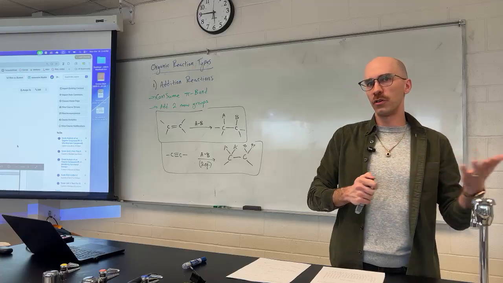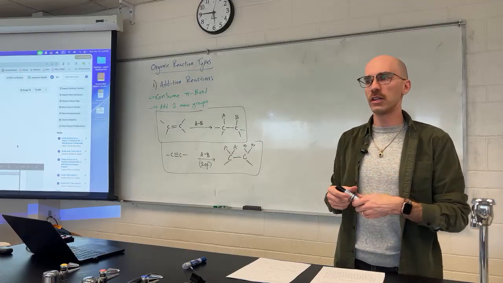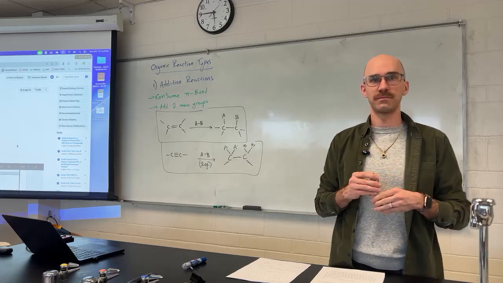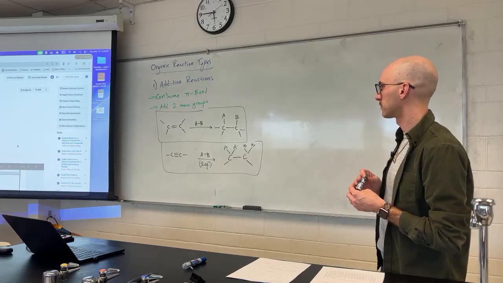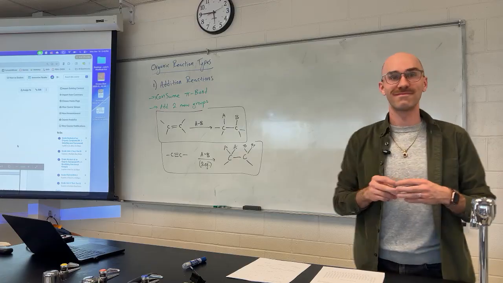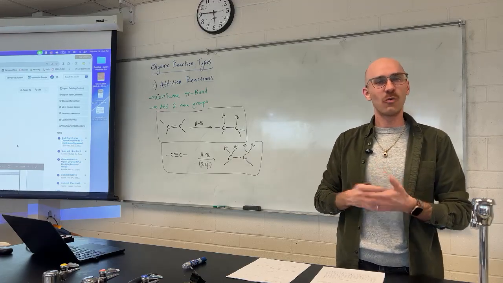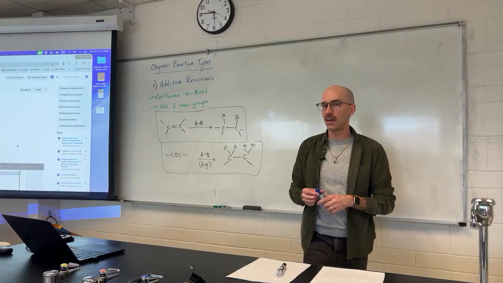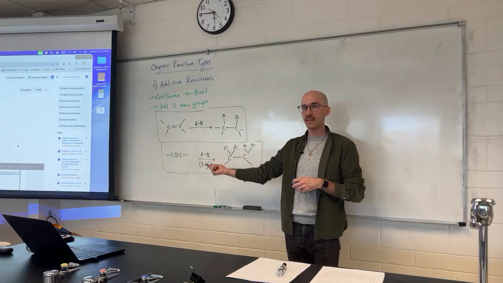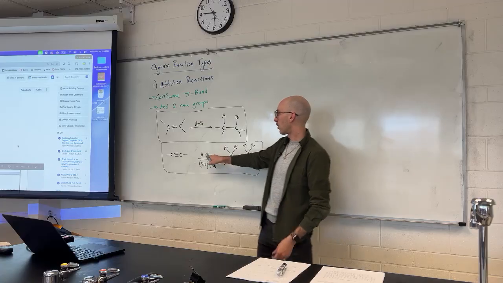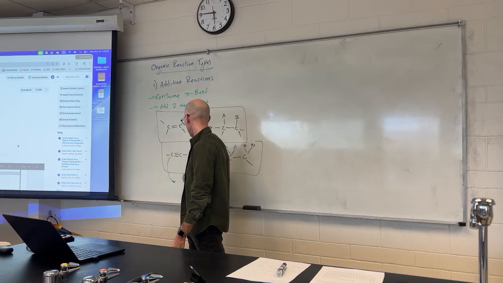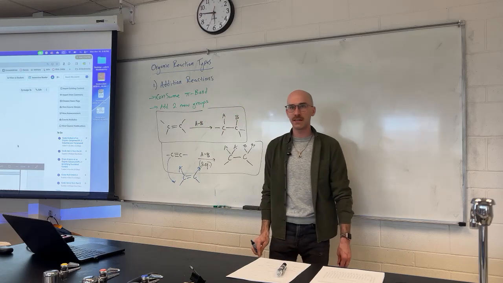In OChem 2, you'll add across more than just carbon-carbon pi bonds: carbon-oxygen, carbon-nitrogen. Great question. Why is it not an alkene product instead? This actually gets into the idea of reaction intermediates, which is that one equivalent of AB does add to form an alkene.